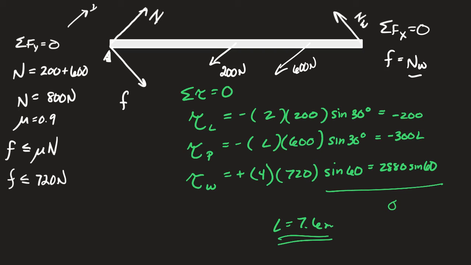This whole thing was predicated on there being a maximum force here. But the normal force from the wall is a reactive force. I'd argue that the normal force from the wall never even got close to 720 newtons. I mean, you could work this problem in the other direction. You could have worked this problem saying, well, I don't know where they stand, but let's assume they stand at the end.